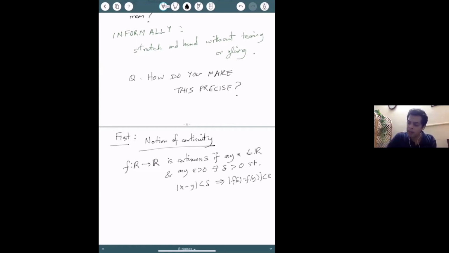But what it really means is this: here's my real line, and here's f mapping here. I want to say it's continuous at x, so x maps to f of x.